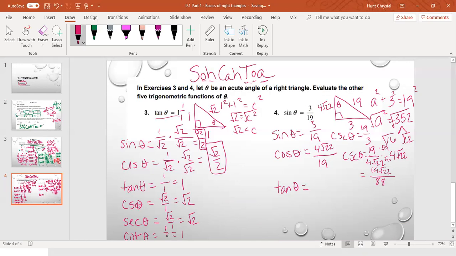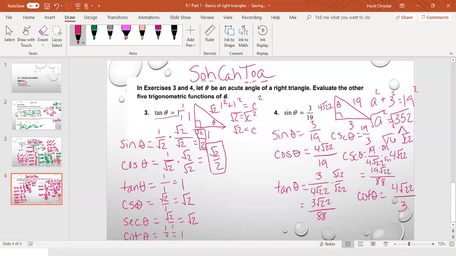So that will be 3 over 4 square root of 22. Again, same thing. That will be 3 square root of 22 over 88. And then the cotangent is actually adjacent over opposite. So it'll be 4 square root of 22 over 3.